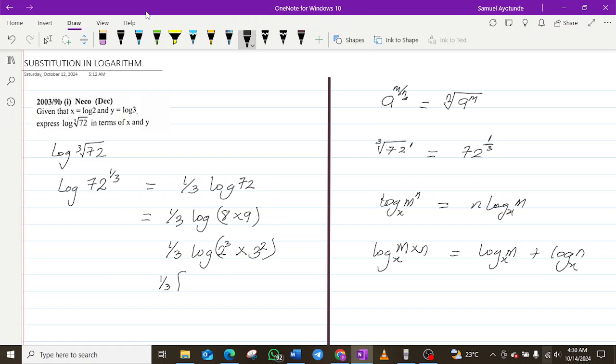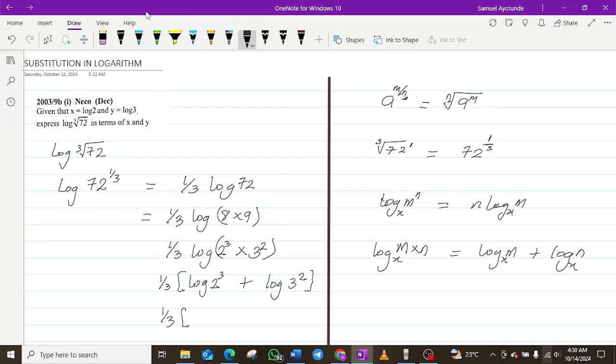Let me use a bracket at this point because this will become two different logs. So I have log 2 raised to power 3 plus log 3 raised to power 2. Then I close brackets. So from here I have 1 over 3 log.